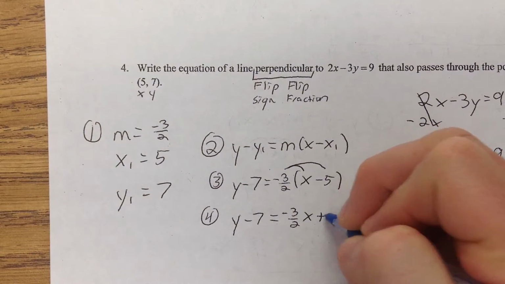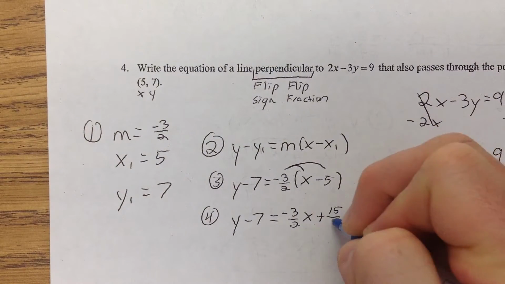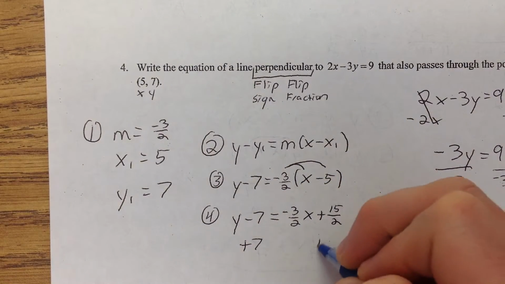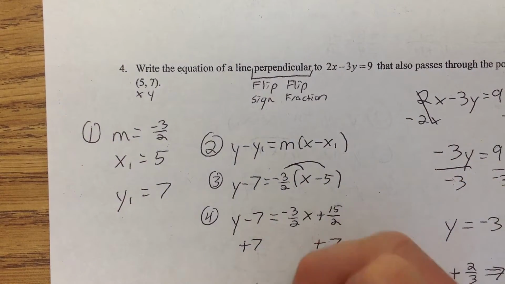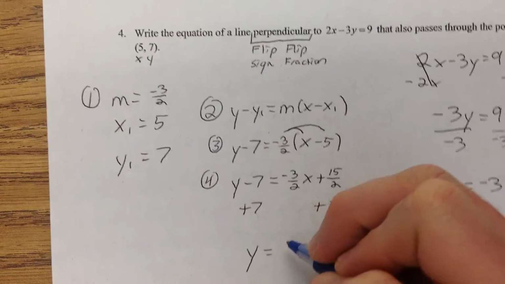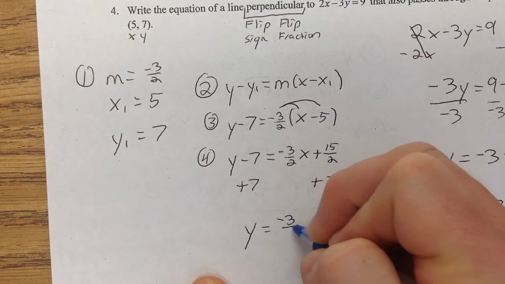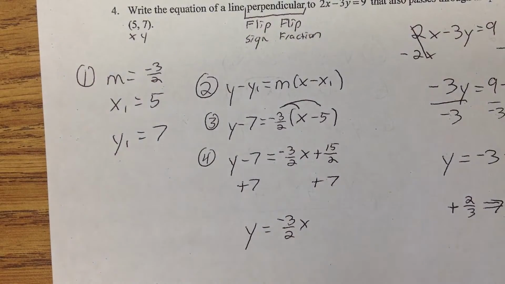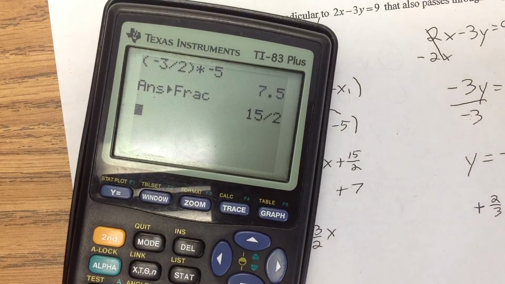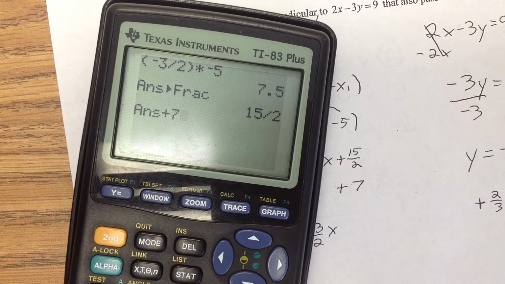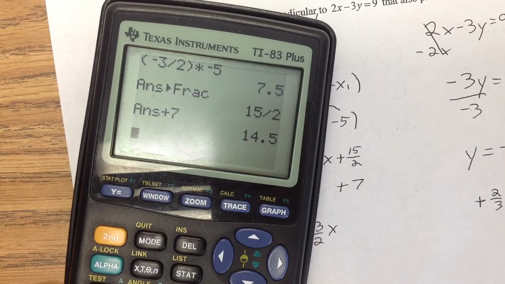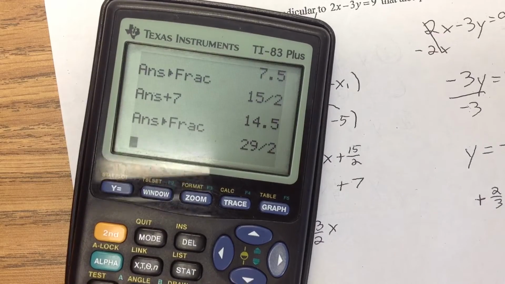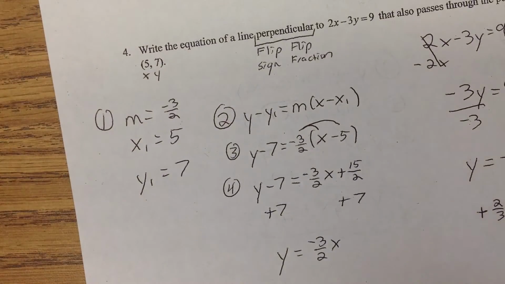So plus 15 over 2. Last step is we'll add 7 to both sides, so y equals negative 3 halves x. And then what's 15 over 2 plus 7? Well, we can just do that on here. 15 over 2 plus 7 is 14.5, or if you prefer fractions, 29 over 2.